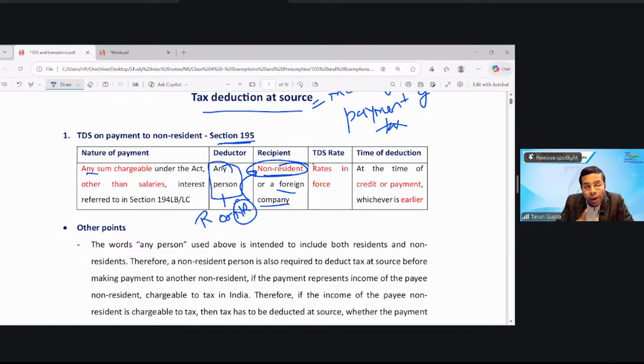But when an NR is required to deduct tax on the payment to an NR, or for that matter, when an R or any person is required to deduct tax on payment to an NR, he is required if he makes a payment of any sum. The term any sum is very wide.